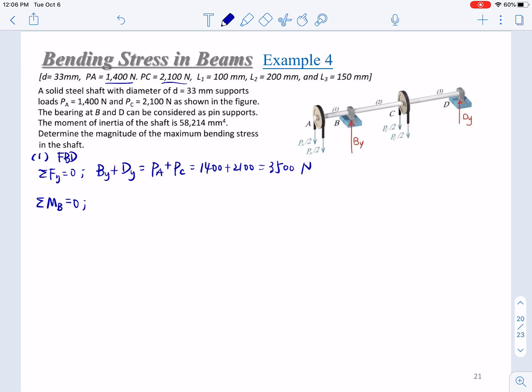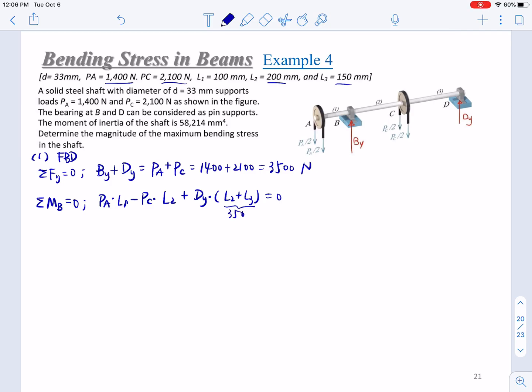Right, from this, we can get PA times L1 minus PC times L2 plus Dy times L2 plus L3 equals 0. From here, L2 plus L3, 200 plus 150, that will be 350.